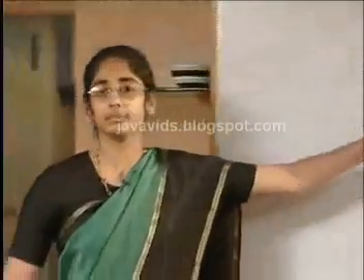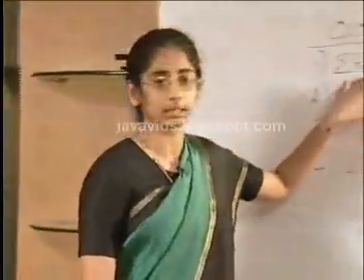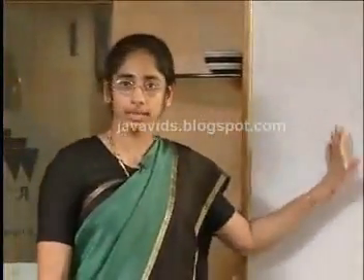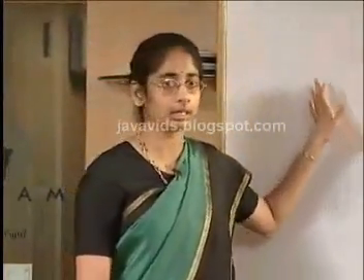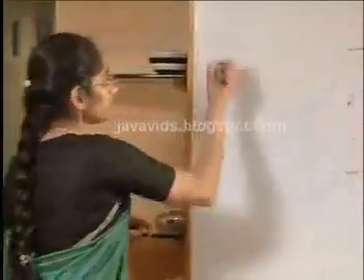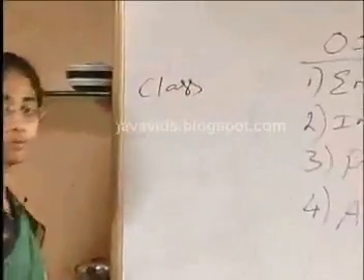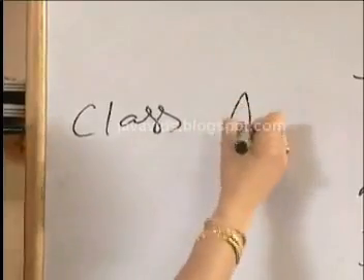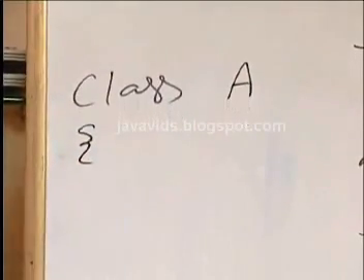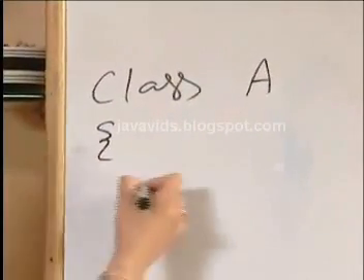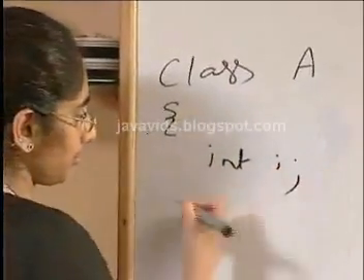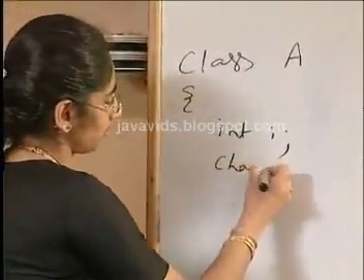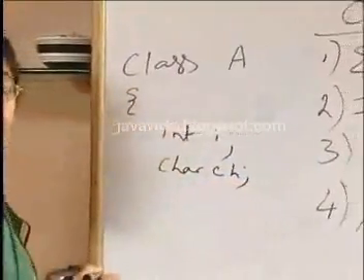Now what do you mean by encapsulation? Encapsulation means putting together all the variables and the methods into a single unit called as a class. So you define a user-defined data type called a class. So you write the keyword class followed by the class name, and inside this class you will specify the variables, that is the attributes, and the characteristics.